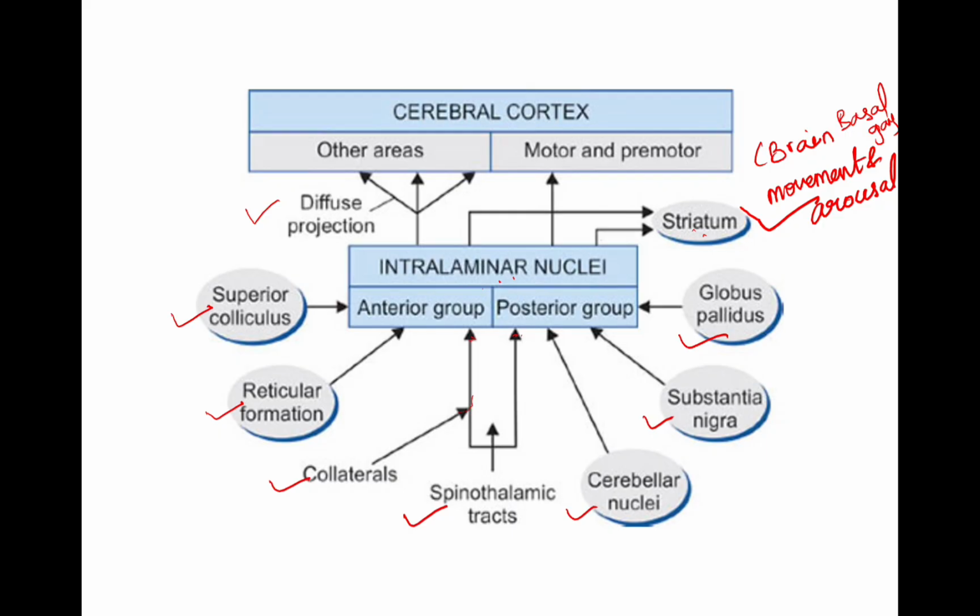So it is basically allowing your brain to switch from chill mode to alert mode. Every student is completely in chill mode, relaxed mode, sleepy mode. But as soon as the bell rings, everybody becomes alert. That is what the intralaminar nuclei is.